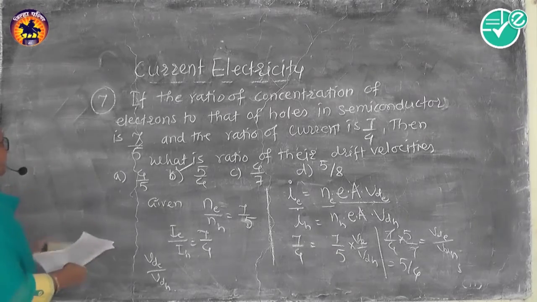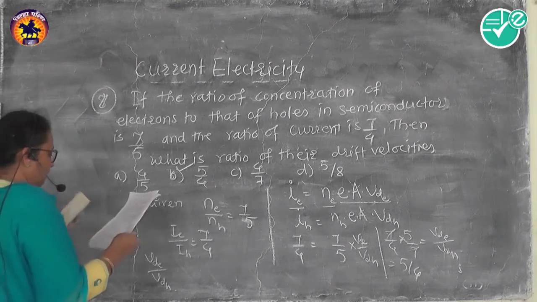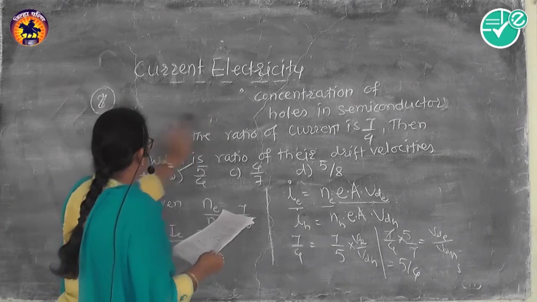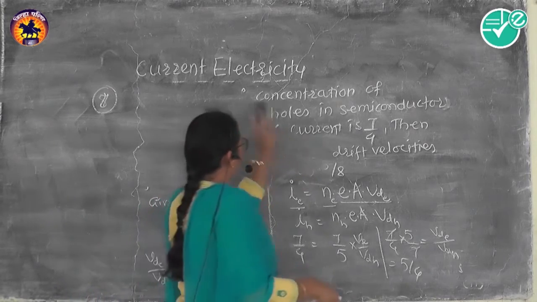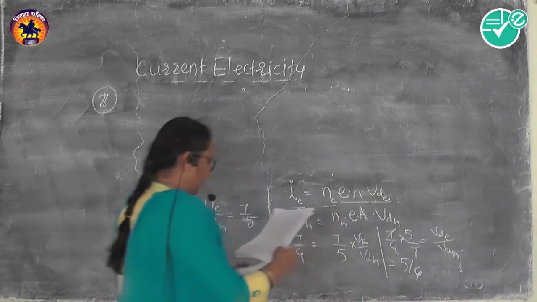Now last example, I think. So 8th example, the color code sequence is given. This example is based on color code of carbon resistance. We can determine the value of resistance by using that color code.